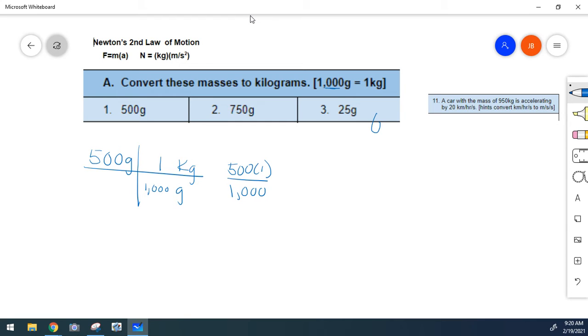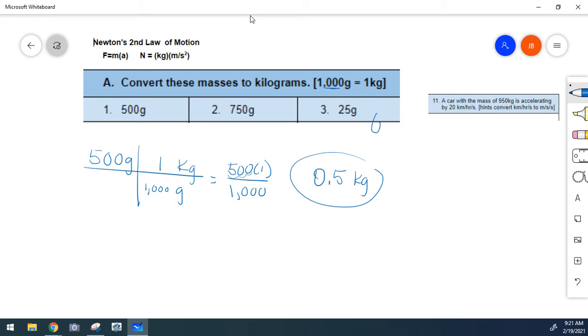So if I put this into the calculator, it's going to tell me that it's 0.5 kilograms. Or you could just move your decimal 1, 2, 3 spaces. Whichever one works. So that's how you do that.